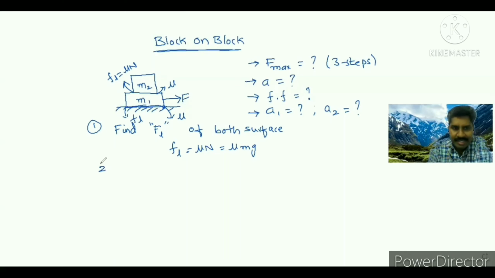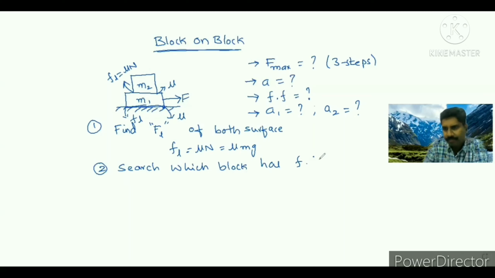Second step: search which block develops a frictional force, then calculate that block's acceleration. Simply remember, here the force is applied on the M1 block, so automatically the frictional force is developed on the M2 block. You need to calculate that block's acceleration.